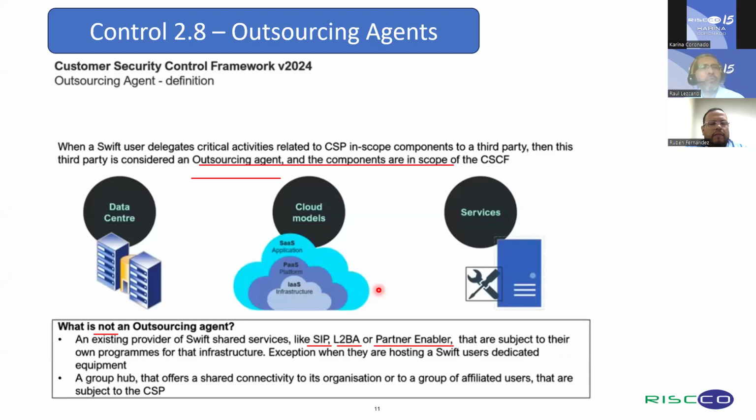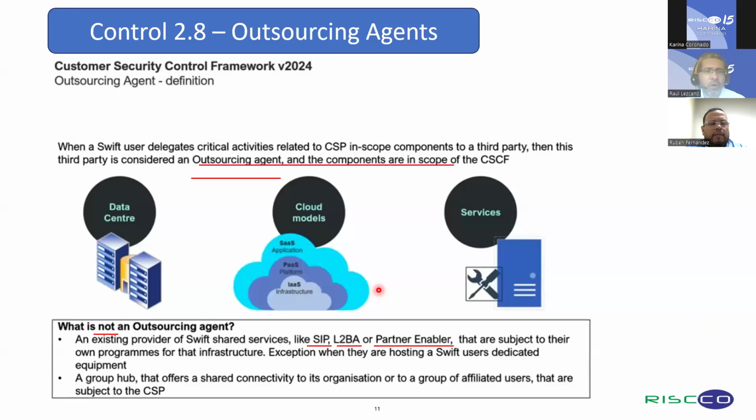And for outsourcing controls, they are highlighting what is a critical activity for the CSP, the Customer Security Program, and what is an outsourced agent. More or less it's the same explanation I gave earlier.